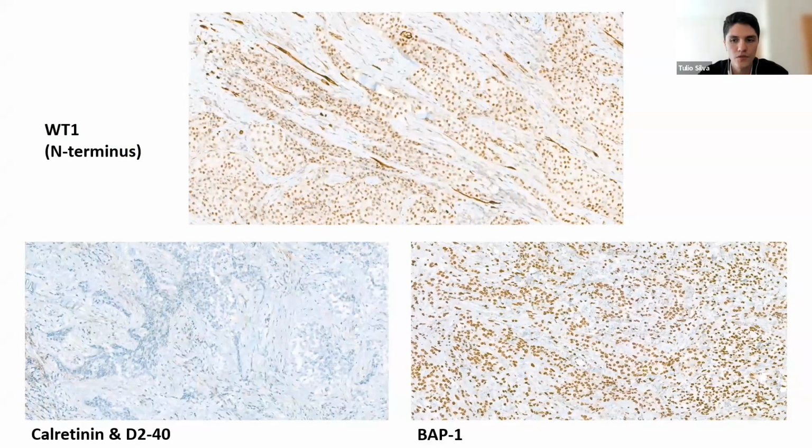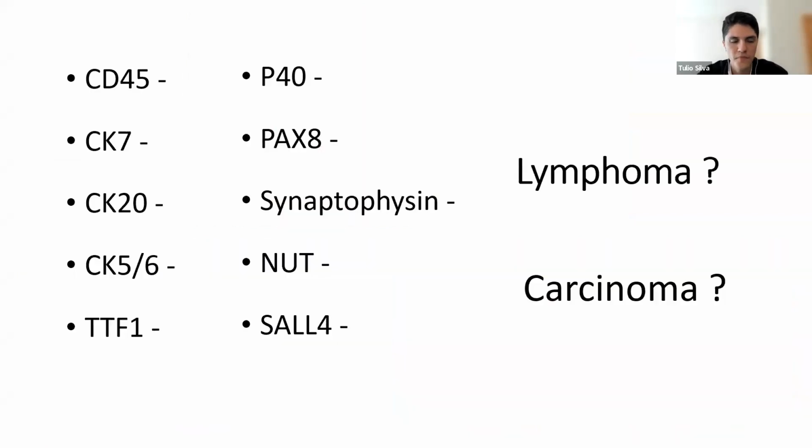WT1, N-terminus antibody, showed nuclear positivity; calretinin and D2-40 were negative, and BAP1 showed no loss of expression. With this panel, and also the morphology, we ruled out the possibility of a lymphoma, based on the expression of keratins and CD45 negativity.